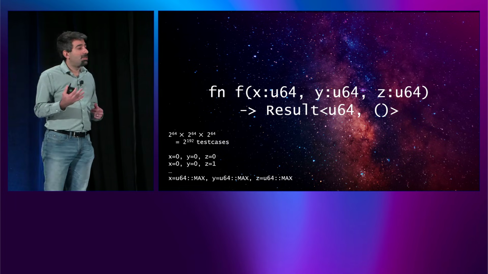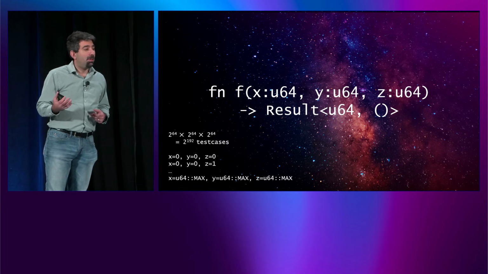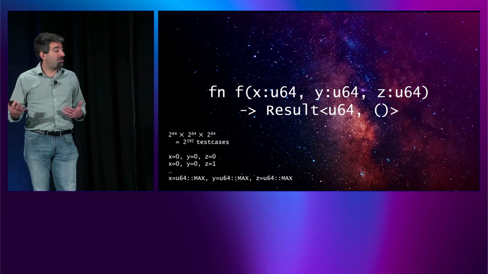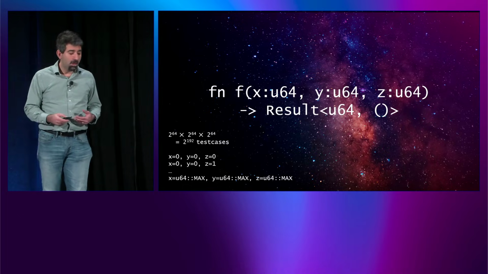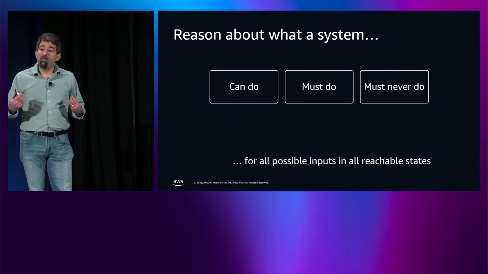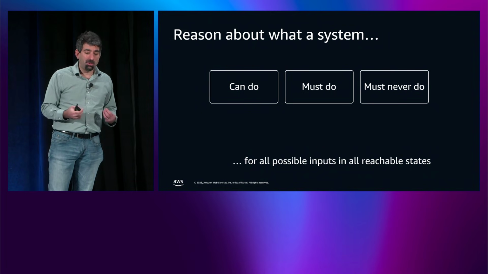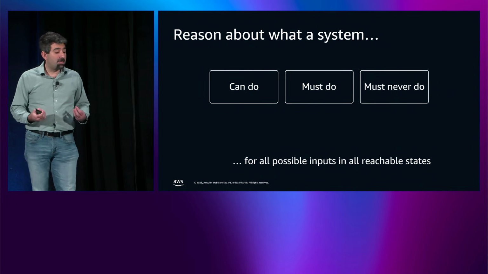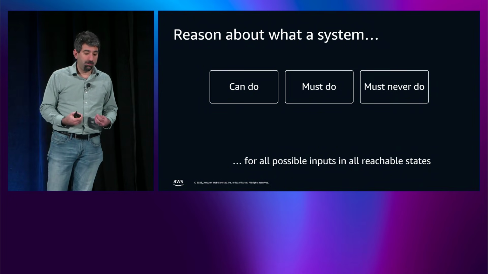Formal verification instead lets you mathematically show that a function matches the specification that it was intended to implement. And so with this, we can use the application of mathematical logic to reason about systems, particularly what the system can do, what it must do, and what it must never do, for all possible inputs in all reachable states.